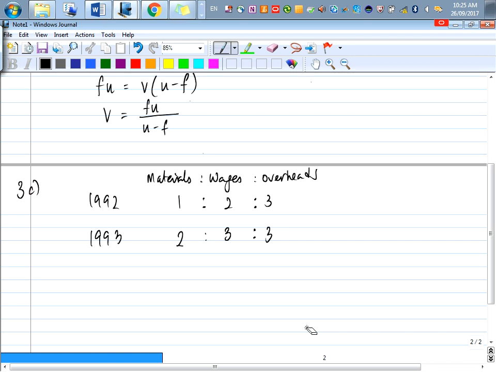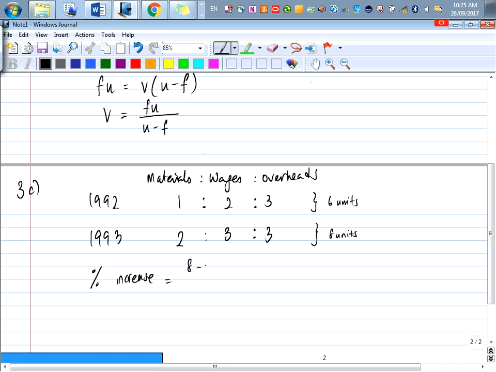Calculate the percentage increase in cost. So how many units are the increase? Based on the first one, in total we have 6 units, right? Finally, how many units do we have? 8 units. So percentage increase will be the final minus initial divided by initial.